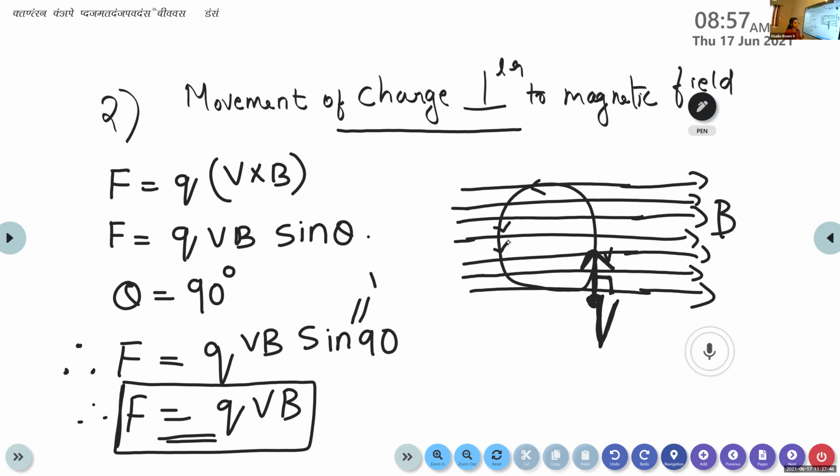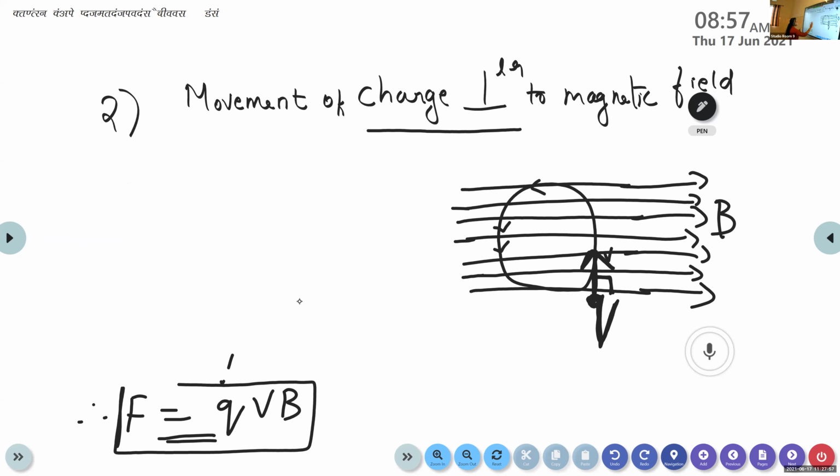From our earlier classes itself, we have already studied that if any object follows a circular path, it experiences another force, that is centripetal force. So the force experienced by the charged particle due to the magnetic field is given by F is equal to QVB, and due to this force, our charged particle undergoes a deflection, and this deflection causes the circular movement of the charged particle inside the magnetic field.